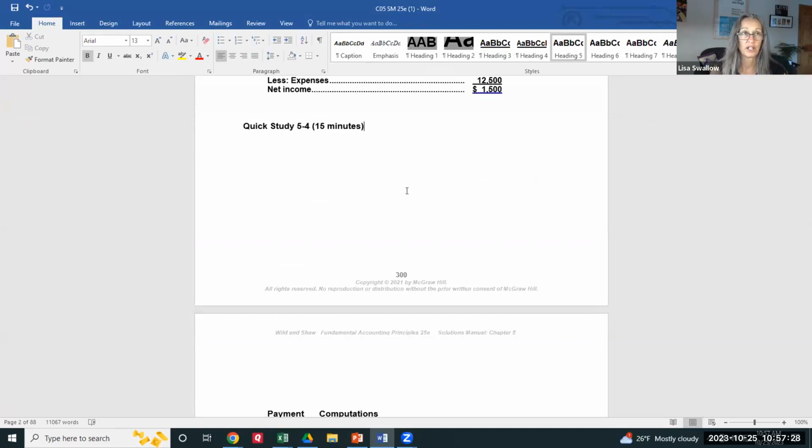So we're looking at a company that is now purchasing inventory and marking it up and reselling it. It can be a ski shop, a retail outlet like Target, a clothing shop, a pet food store. I'm buying inventory, which is called merchandise inventory. I'm marking it up and then I'm selling it, right?